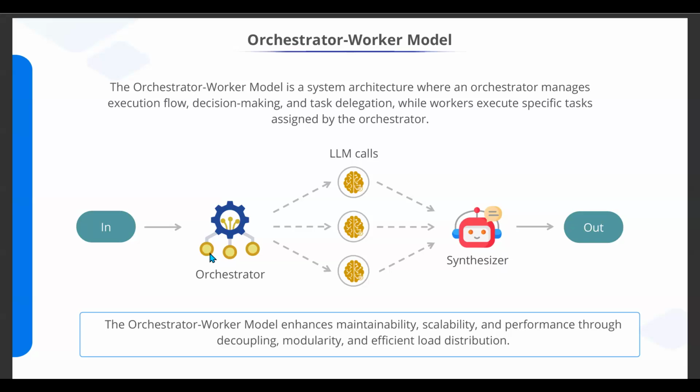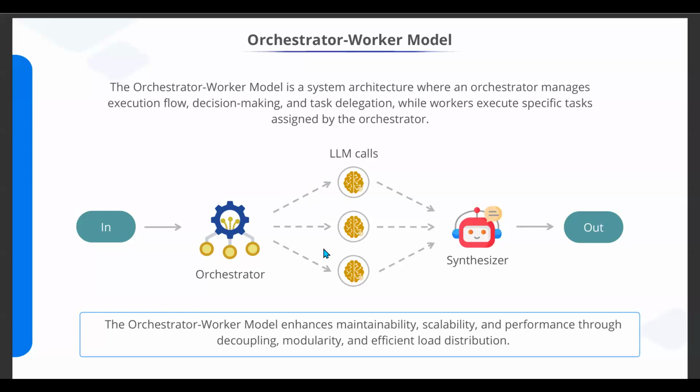The orchestrator analyzes the task. It decides how many workers are needed, what each worker should do, and in what order tasks should be executed. For example, you have 3 workers in this context, as you can see in the diagram. Worker 1 is all about searching research papers, worker 2 extracts key insights, and worker 3 compares the different frameworks.